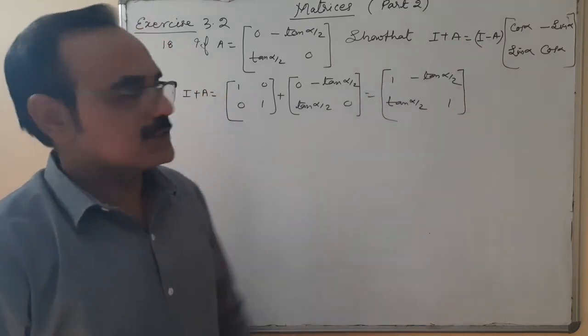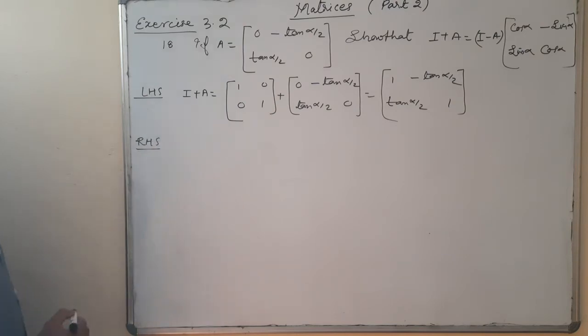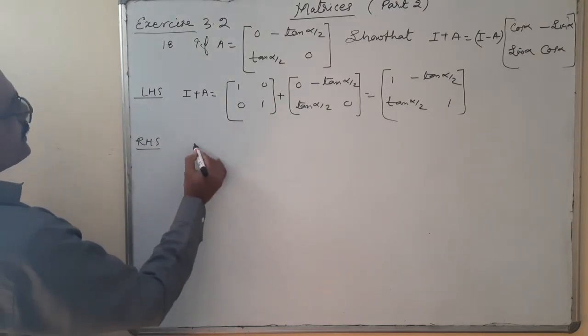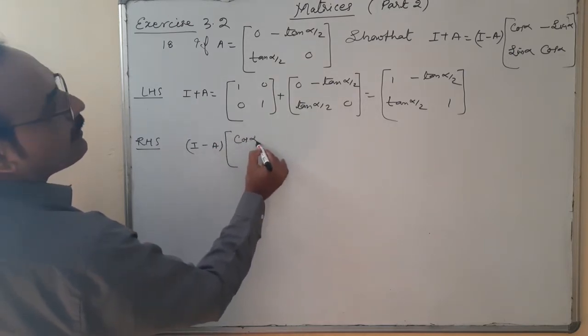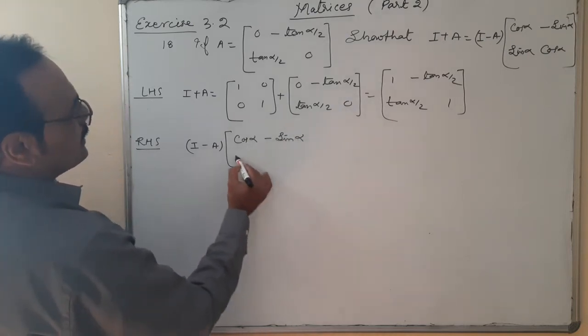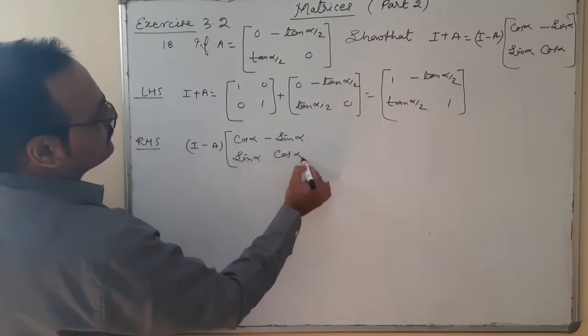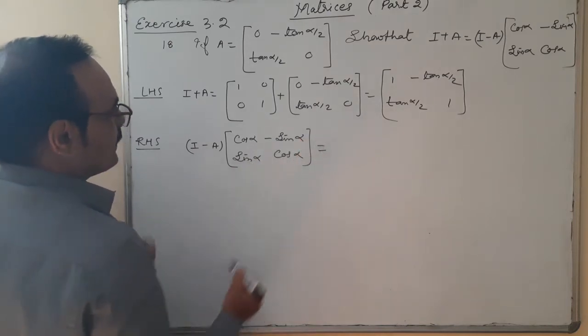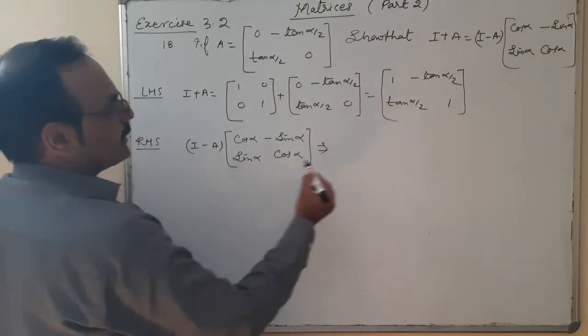To find RHS, right hand side. Right hand side is I minus A, times cos alpha, minus sin alpha, sin alpha, cos alpha. What is I minus A?